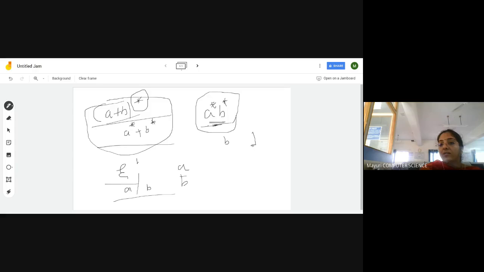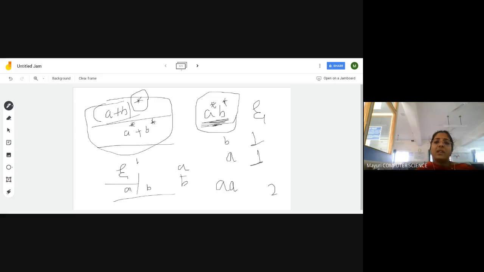If the length is restricted to 1, you will get only A, not B. Epsilon means leave it. Or else if the length is restricted to 2, you may get AA.